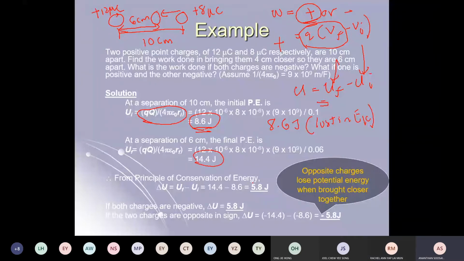The difference in the potential energy is your gain in potential energy. So it should be 5.8, not 8.6. So 5.8 joules is your positive work done. The loss in kinetic energy also must be 5.8 joules. Finding final minus initial potential energy gives your gain in potential energy.